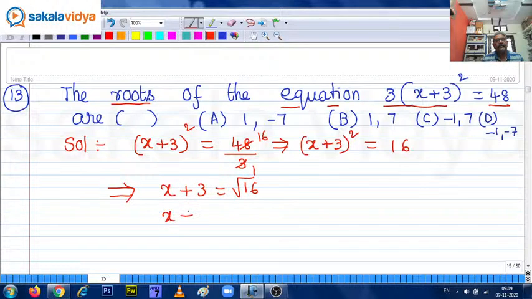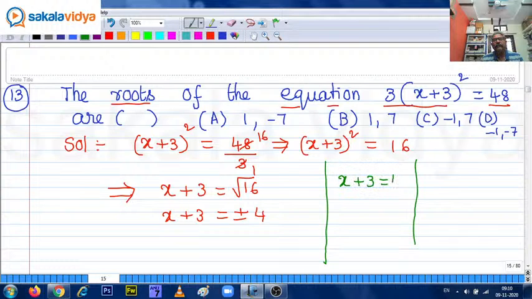So we get x plus 3 equals to plus or minus 4. Two cases we will get: x plus 3 equals to 4 and x plus 3 equals to minus 4.